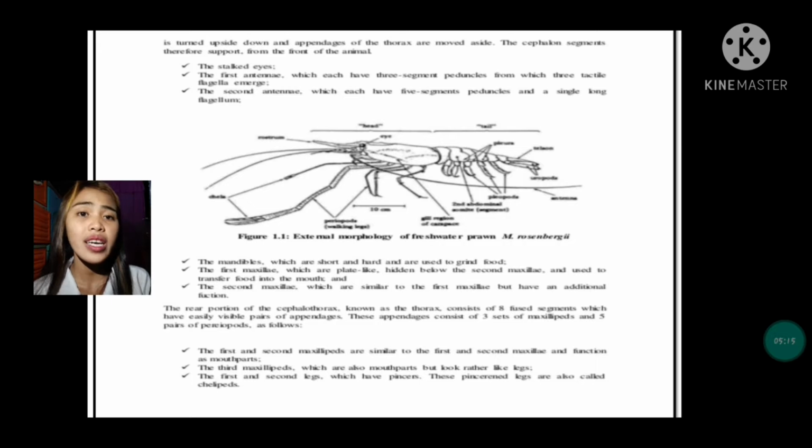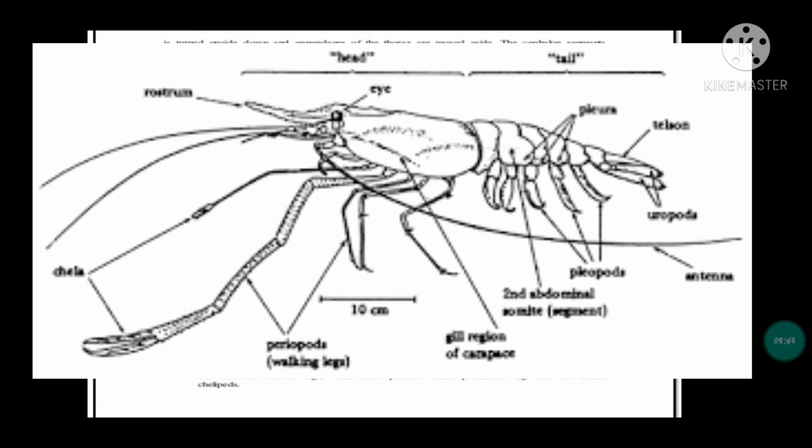They are the same as the first and second maxillae, functioning as mouth parts. The third maxillipedes are also mouth parts, but they look rather like legs. The first and second legs have pincers. These pincered legs are also called chelipeds. You can see in the pictures the form of the chelipeds and maxillipedes, and where they are.